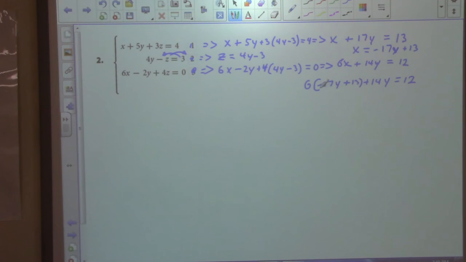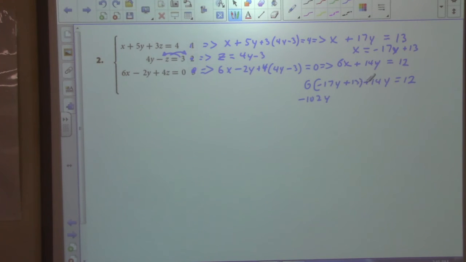And just start simplifying. 6 times negative 17 is? 6 times 10 is 60, and 6 times 7 is 42. 60 plus 42 is 102. So we got negative 102y.